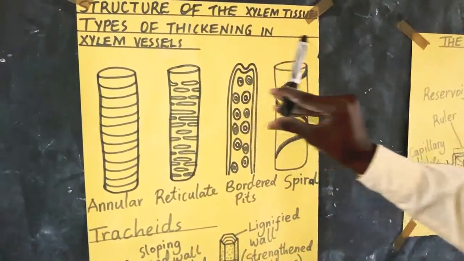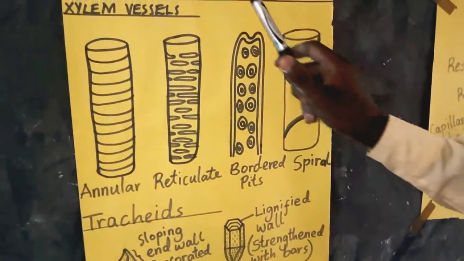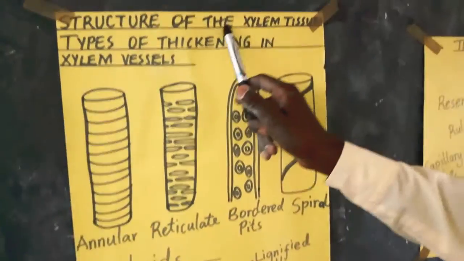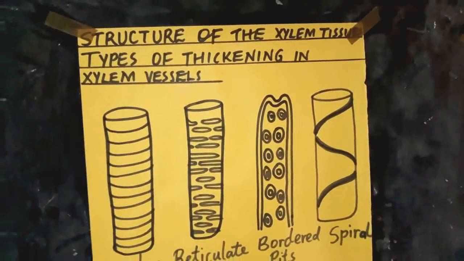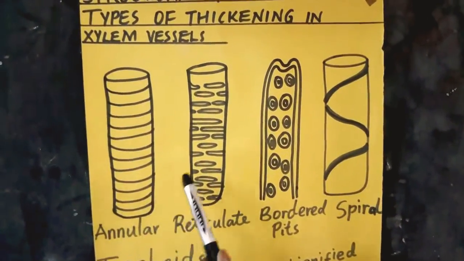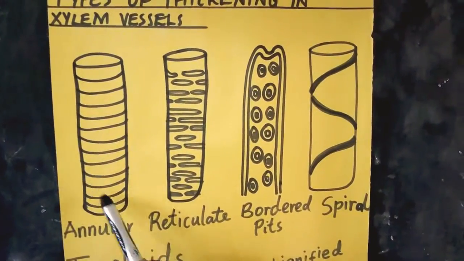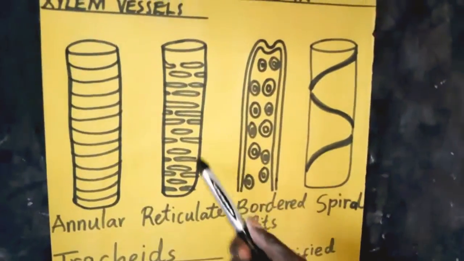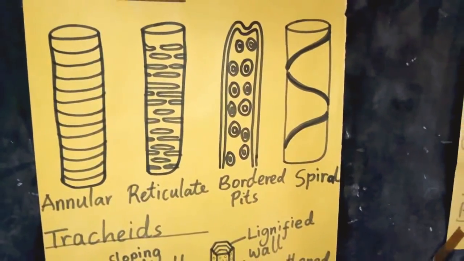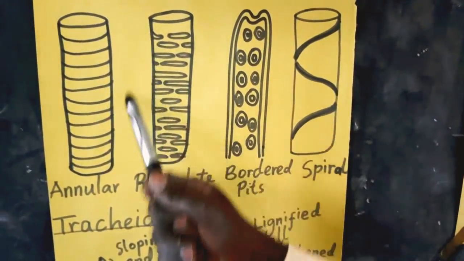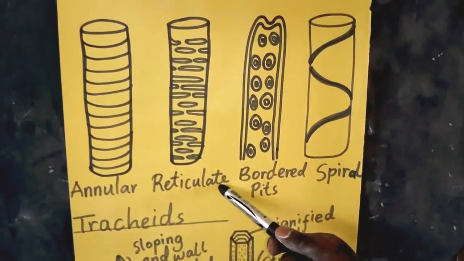There are four types of thickening in the xylem vessels, namely annular thickening, that is thickening whereby lignin is present on the walls of the xylem vessel, and that lignin prevents the xylem vessel from falling in case there is no water. And we have the type of thickening which is called reticulate thickening.